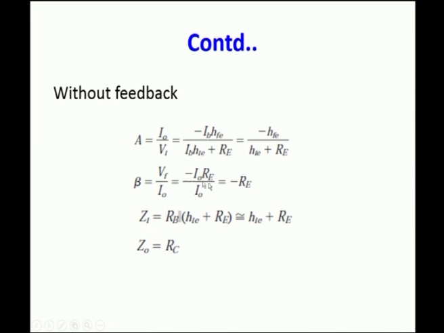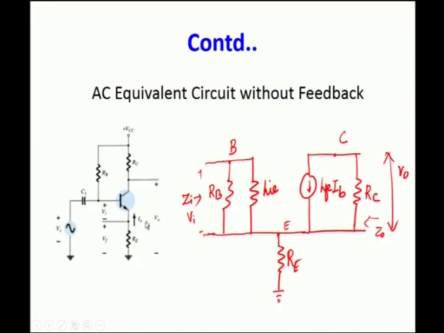this Vi, which can be written as, IB is the base current, and this is I0.